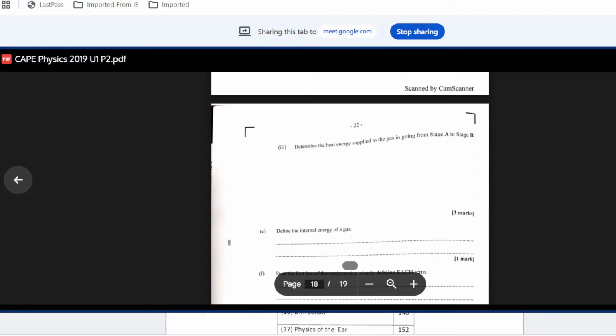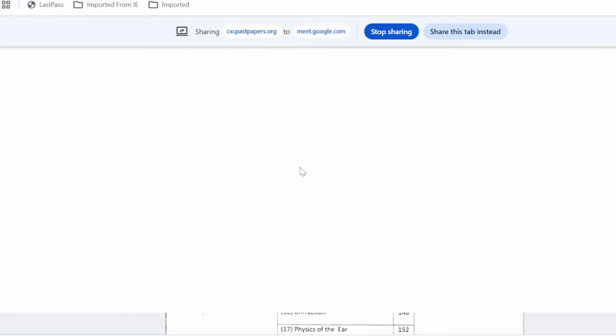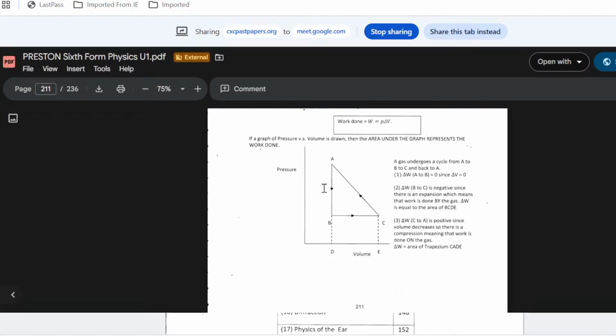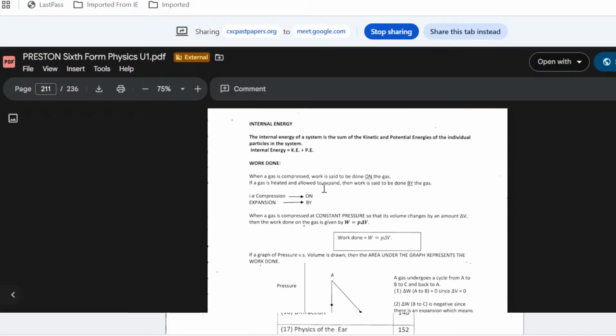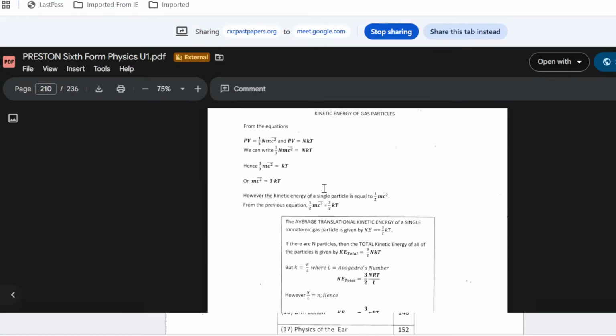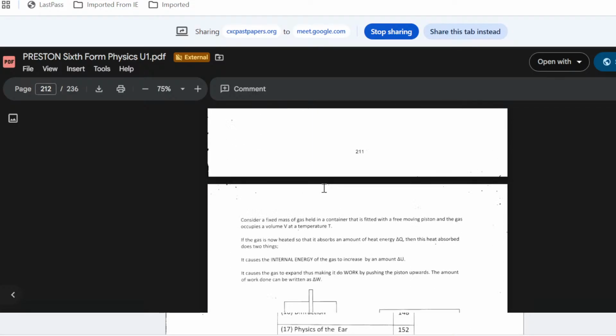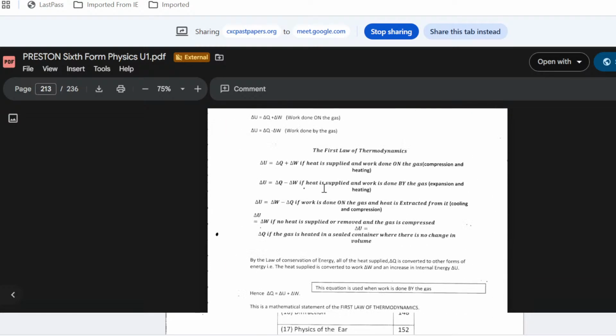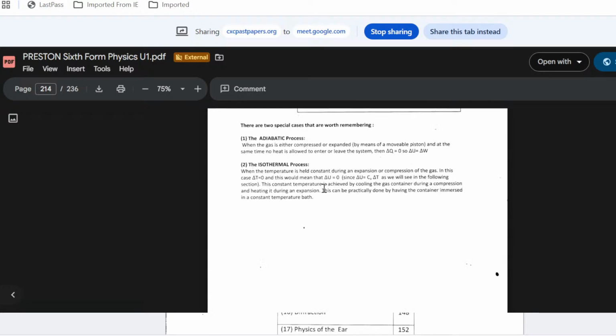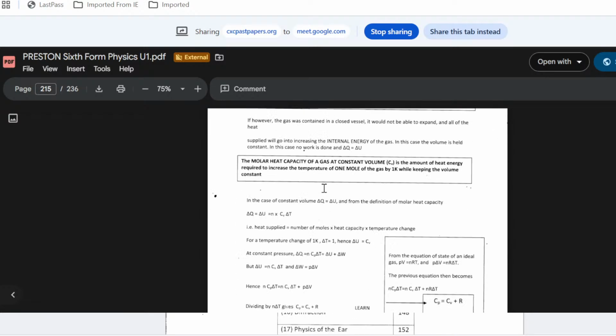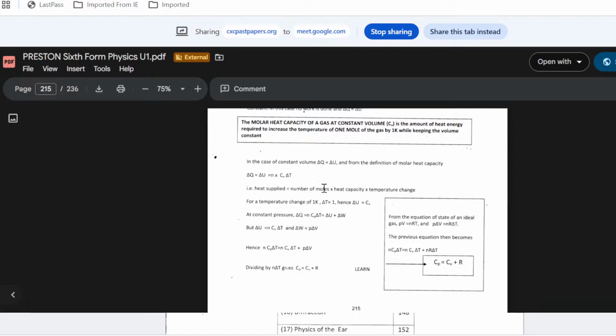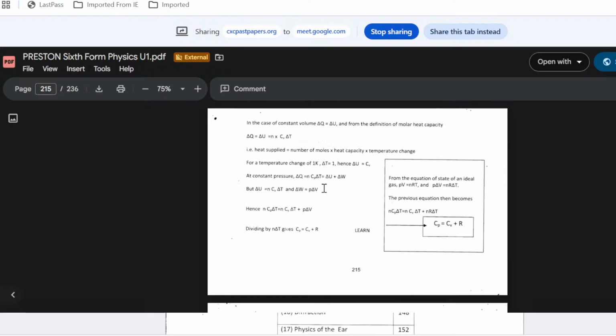I don't think we were given the information. But you know the molar heat capacity. You do? So go back up, quick.